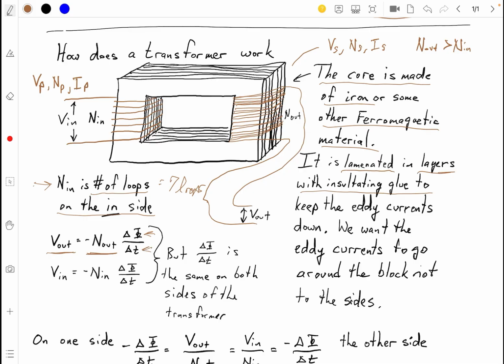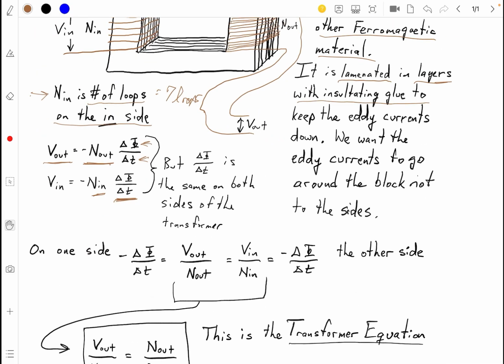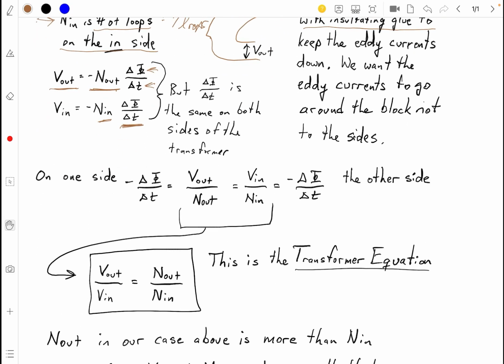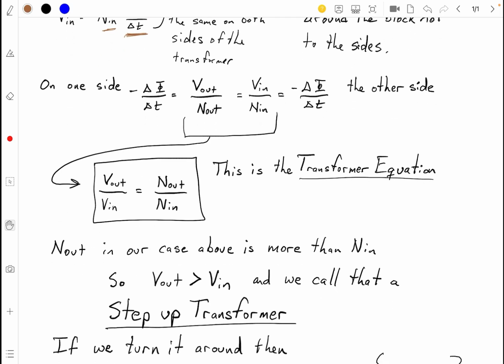But both on the in side of the transformer and the outside of the transformer, both of those have the same flux divided by time. But the N out and N in are different. The V out and the V in then have to be different. So this is what we call the transformer equation.